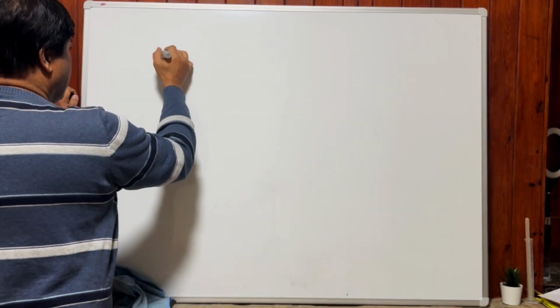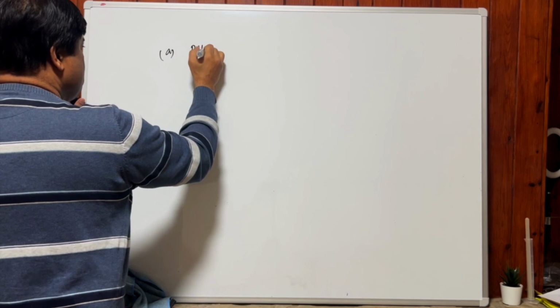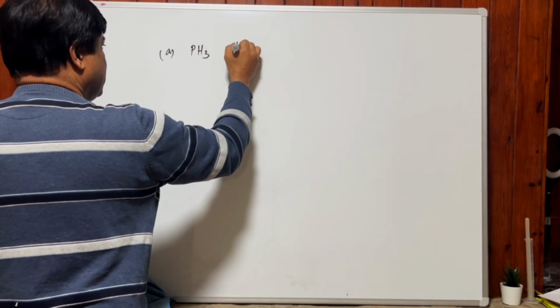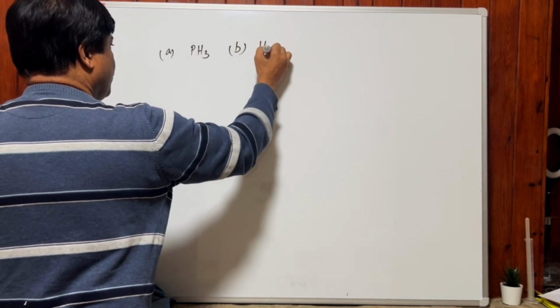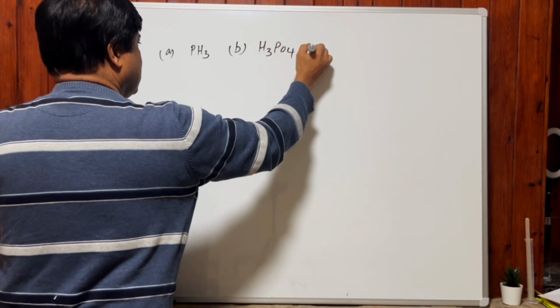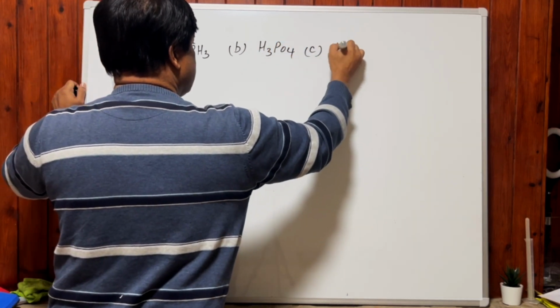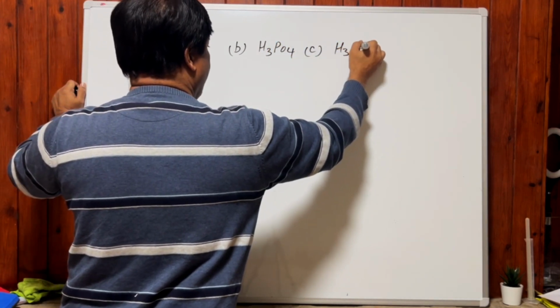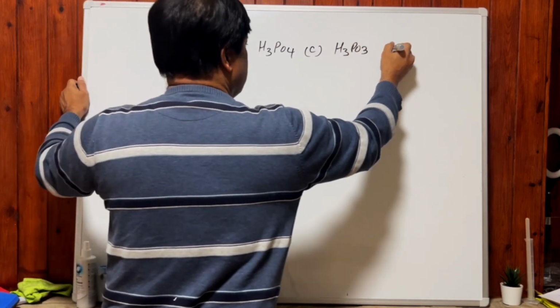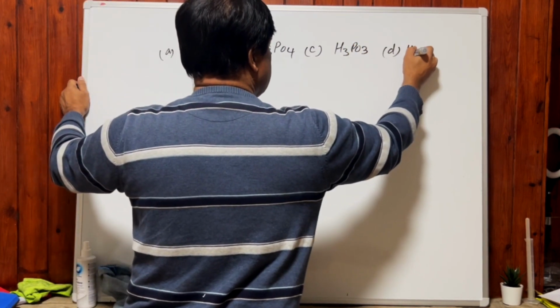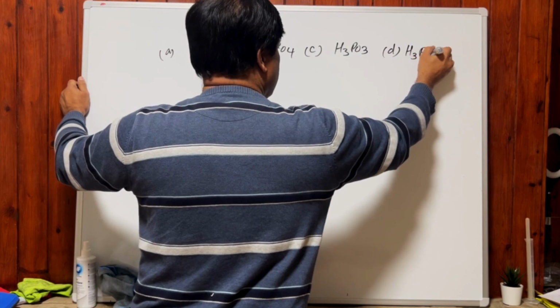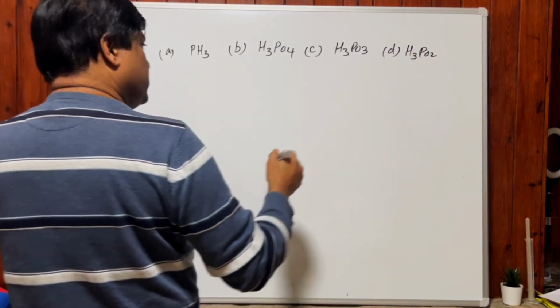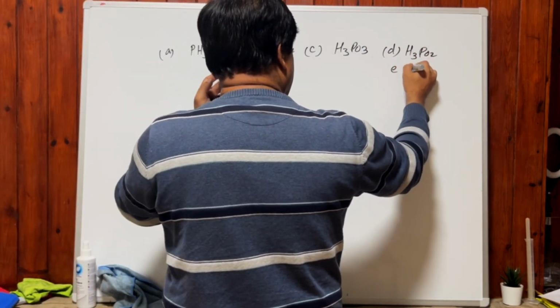A, PH3, which is phosphine. B, phosphoric acid, H3PO4. C, H3PO3. D, H3PO2. And last one, E, P4.